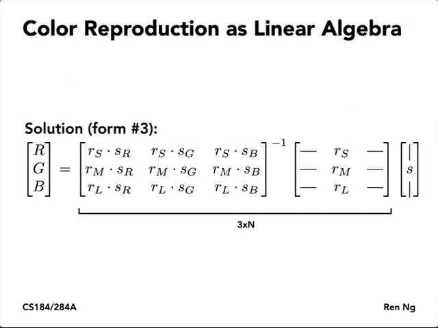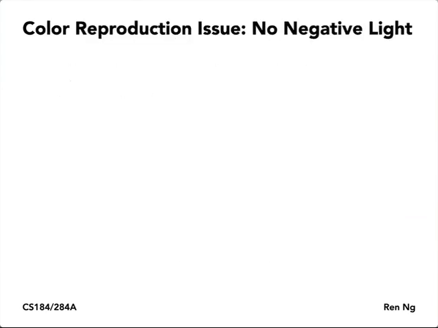For this input S, it's worth taking an exercise for yourself to convince yourself that there is absolutely no reason that these proportions, or these dot products, will yield a positive RGB for every non-negative input spectral power distribution S. So this formula will generate negative RGB values in some cases.